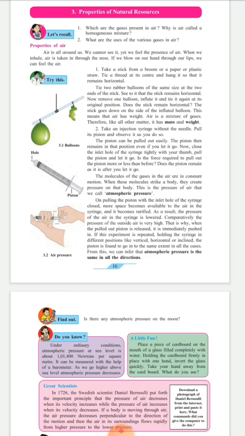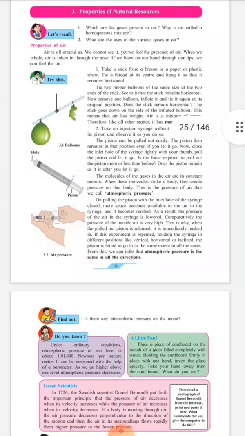On pulling the piston with the inlet hole of the syringe closed, more space becomes available to the air in the syringe and it becomes rarefied. As a result, the pressure of the air in the syringe is lowered. Comparatively, the pressure of the outside air is very high.